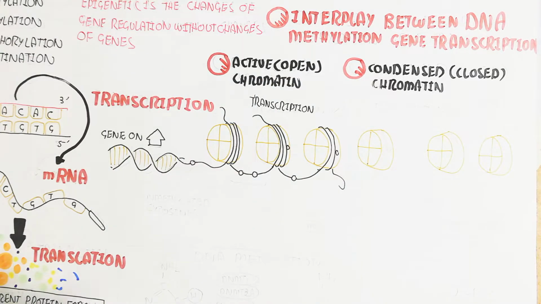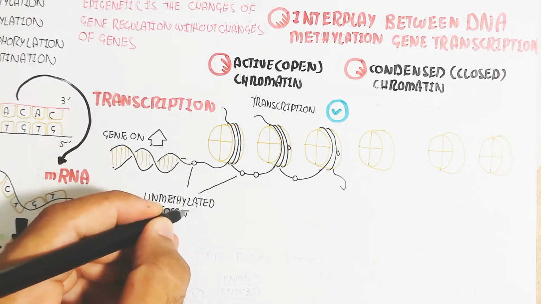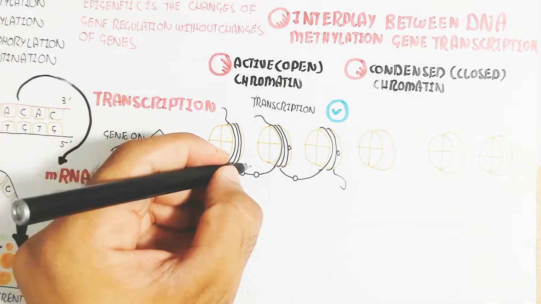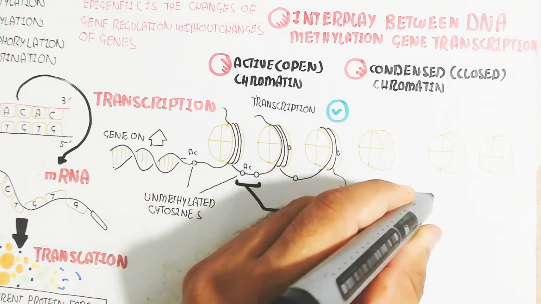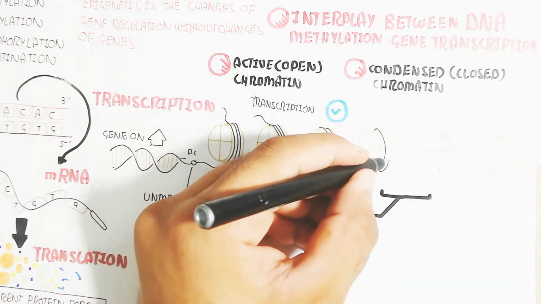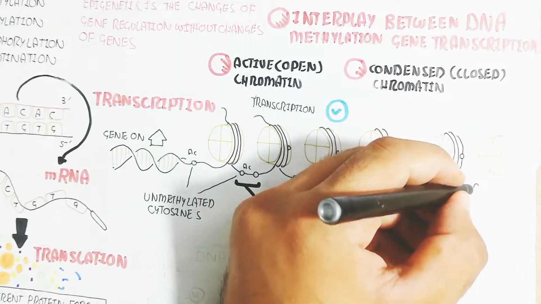The methyl group is balanced: it is added when protein is not required, and removed when synthesis of protein is required. That mechanism is also involved in this function.